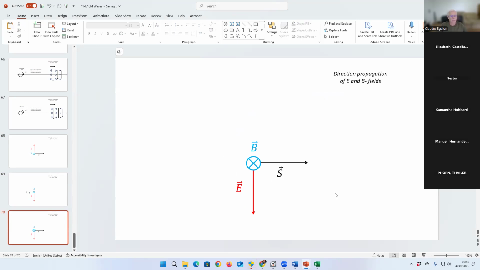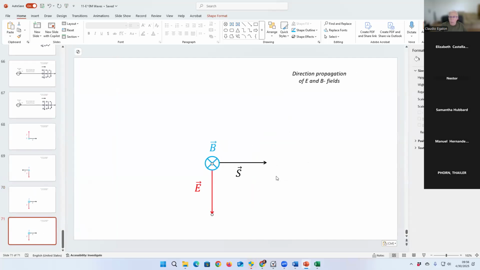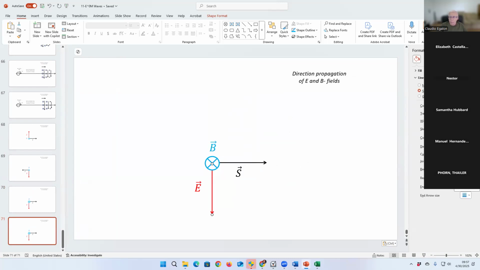Okay, and the fourth possible direction would be if we put this vector here upwards, like that.